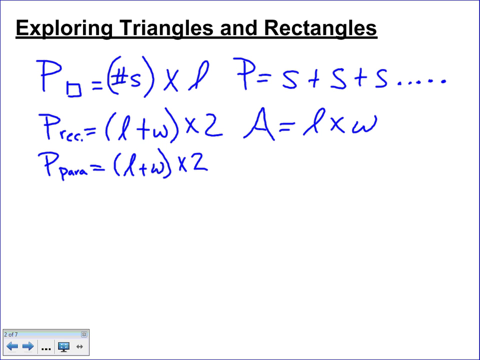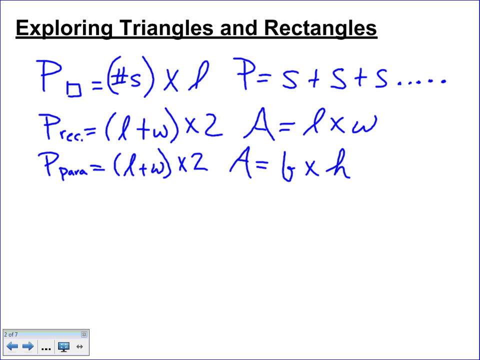The difference was in area, we were talking about base and height. So this is where we've come so far with perimeter of polygons, squares, rectangles, and parallelograms.